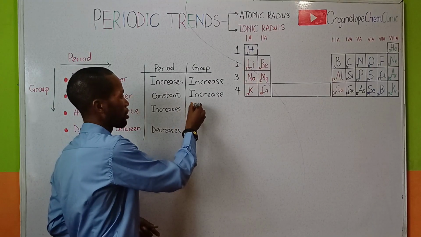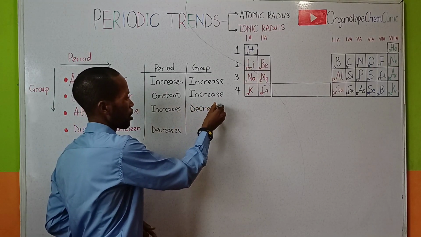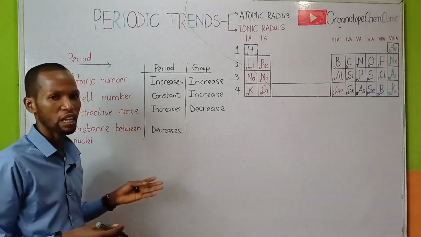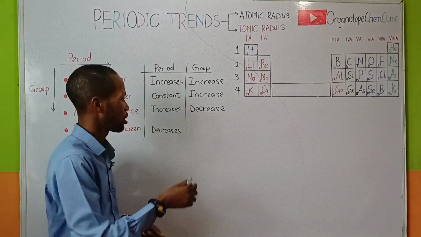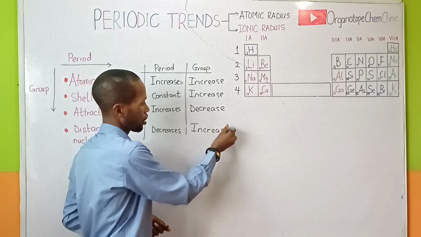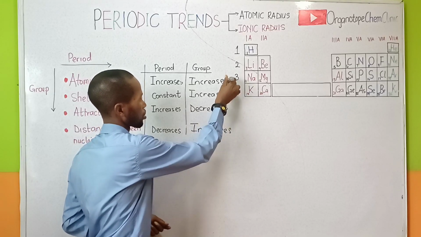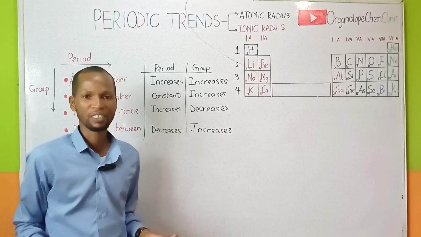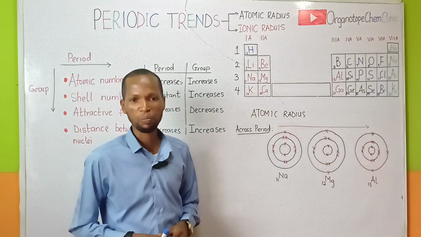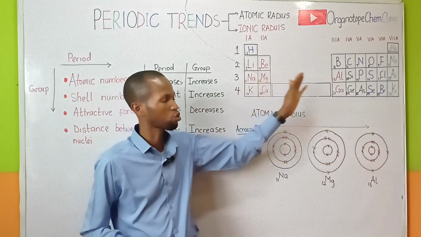So we have a decrease in the force of attraction. Then the distance between the nuclei and the outermost electron tends to increase down the group. Make sense? In general, the atomic radius decreases across the period as we move from left to right.